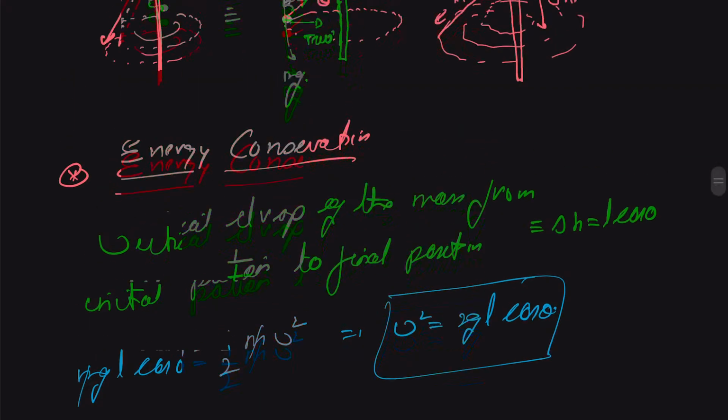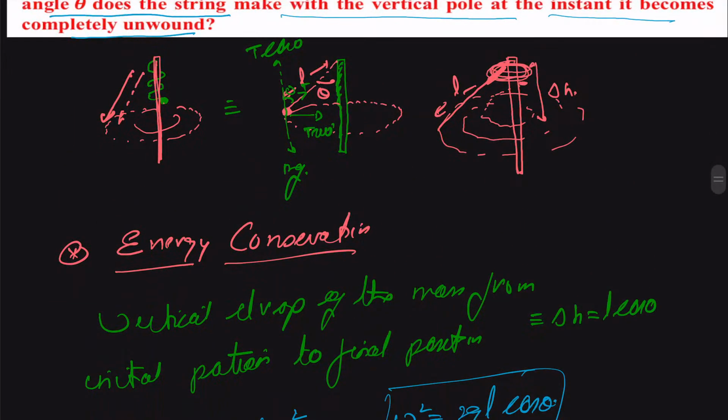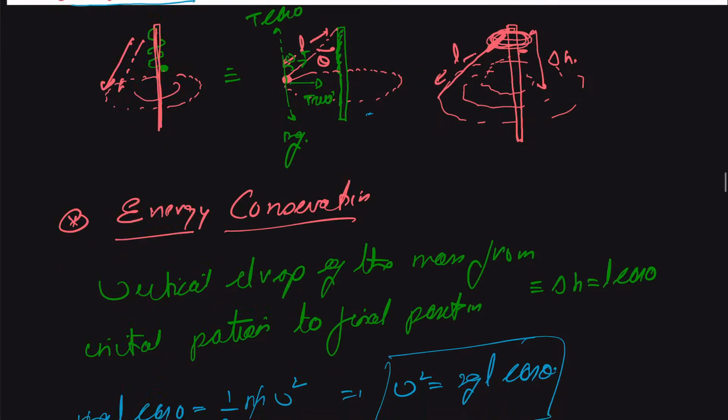And now we come to our final position, and the final position is nothing but our conical pendulum. For that, if r is the radius, then r will be equal to L sin theta. So r is the radius of the circle.